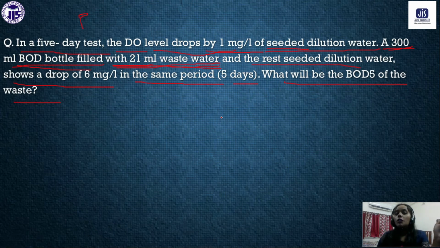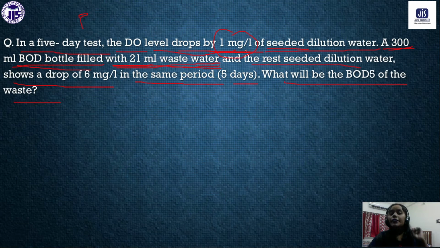Only the dissolved oxygen level drops by 1 milligram per liter. This is how much the dissolved oxygen decreases. If we subtract the final value from the initial, initial minus final, that gives the consumption, the decrease of dissolved oxygen. So this is the value of initial minus final.